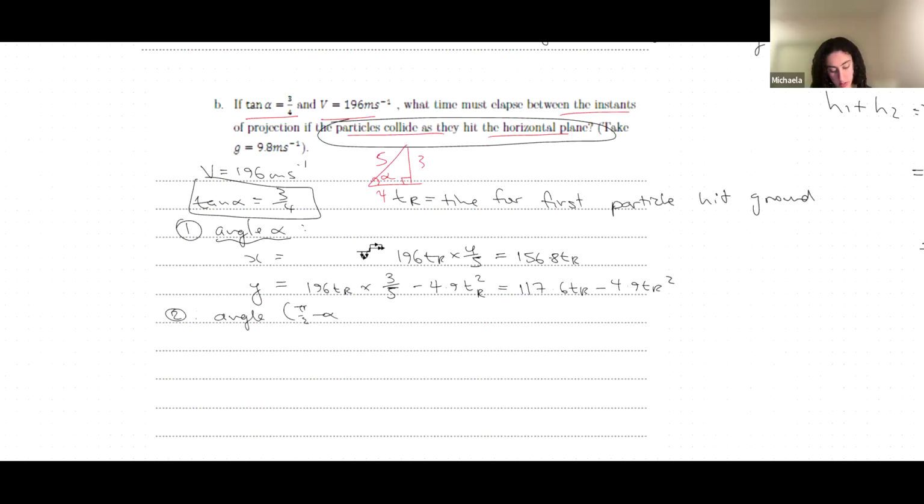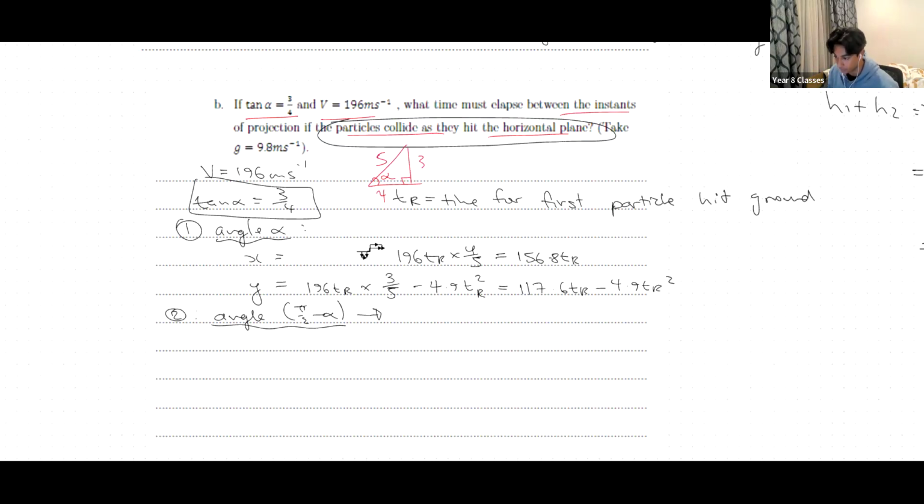Okay. Before you go into the equations, though, what do you think your time for this particle is going to be? For the first particle, we said it was TR. What do you think it's going to be for this one? Will it be TR, though? Because what do you think the T in the equation represents?